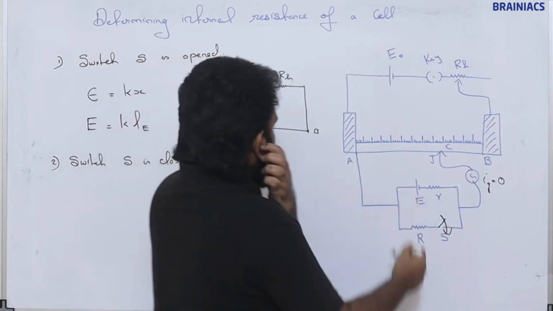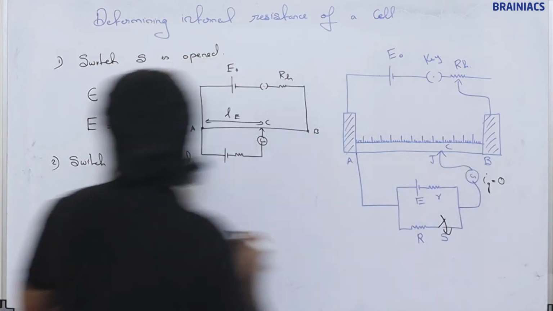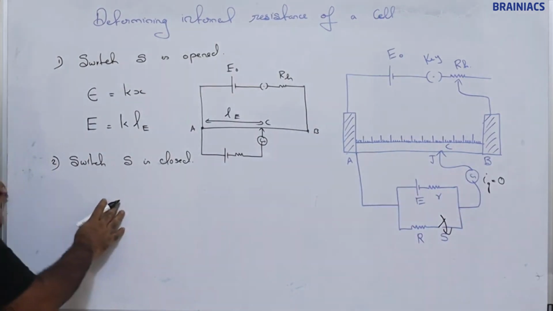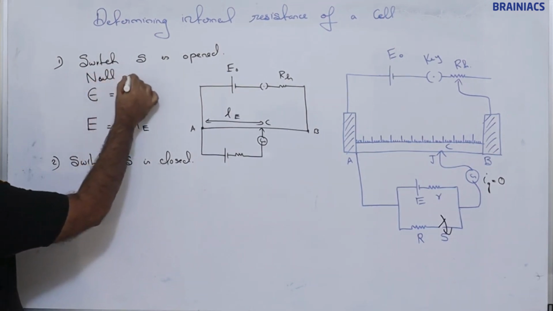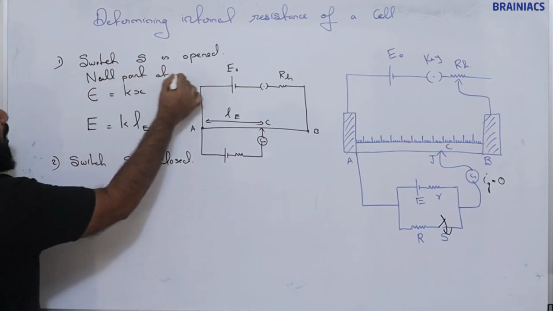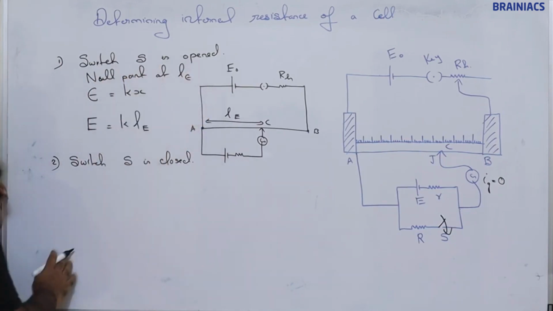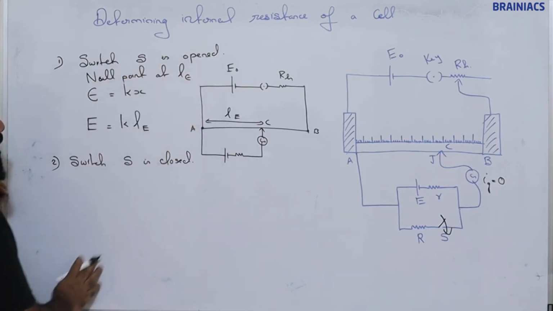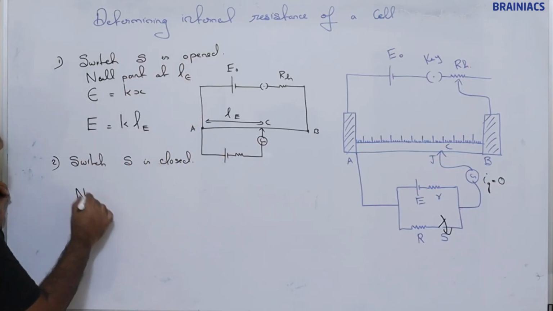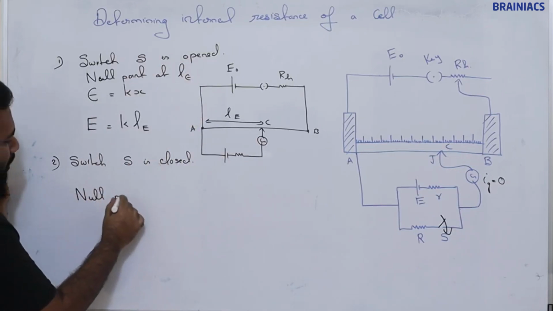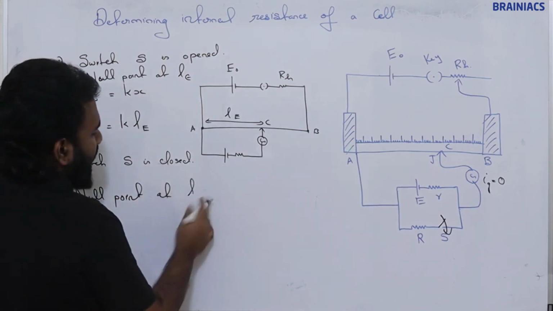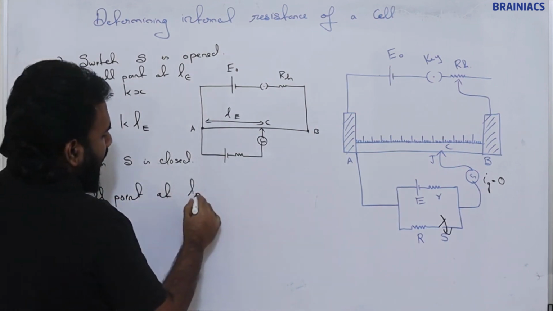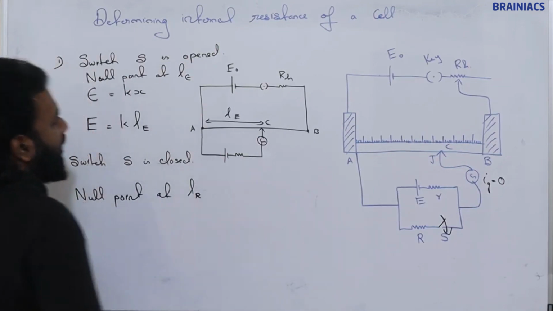Now when this is switched on, again we will find the balancing length. Okay, null point here also, null point at LE. Okay, null point at LE. So here null point at, simply we will put as LR, that is when R is also connected.